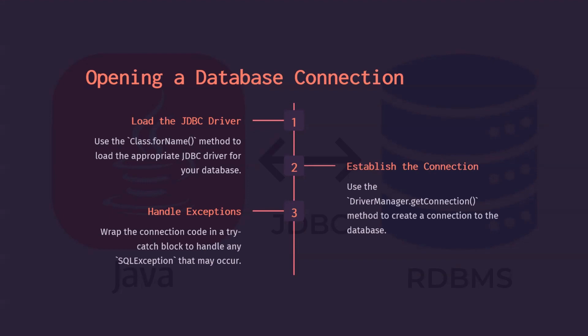When writing the program, you have to use the appropriate JDBC driver to connect to your database. Handling exceptions means you wrap the whole code in a try and catch block to handle the SQL exceptions that may occur.